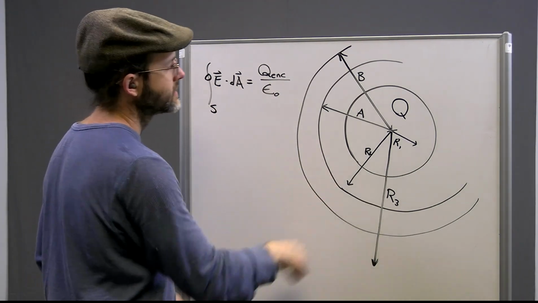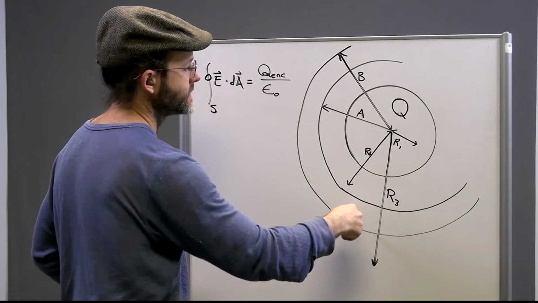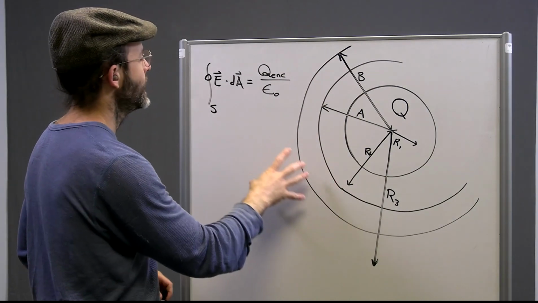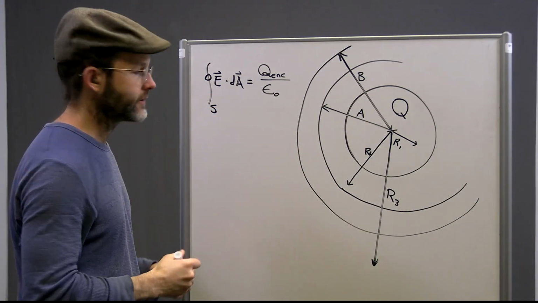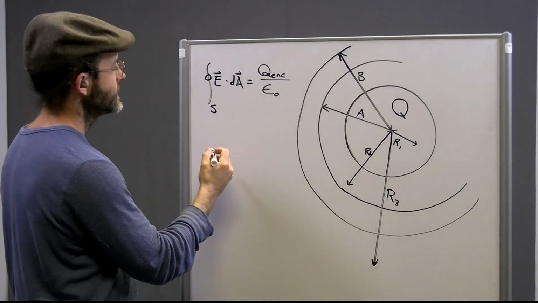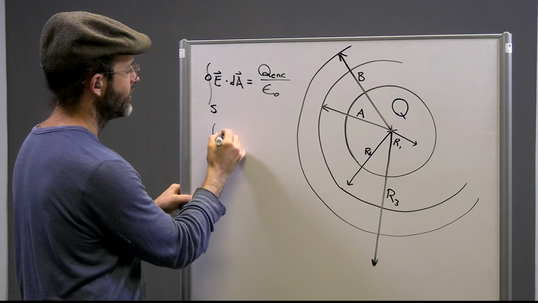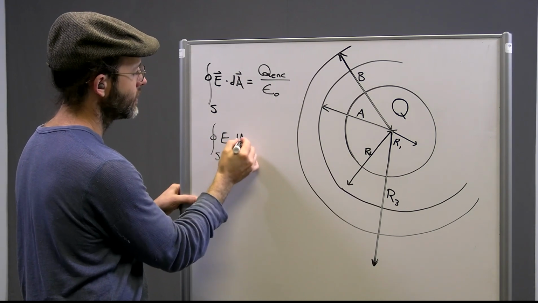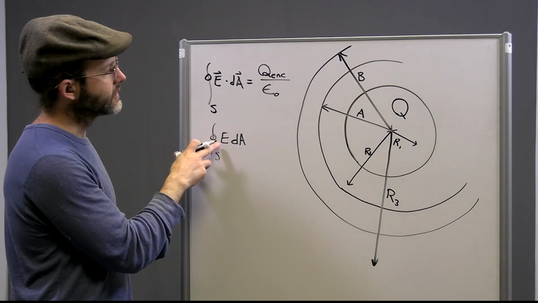So the surface normal in the spherically symmetric picture is going to be exactly the same as the outward radial vector of E. So then this simplifies to still a surface integral, but over E dA, where there are no vector quantities here. So that's very nice.